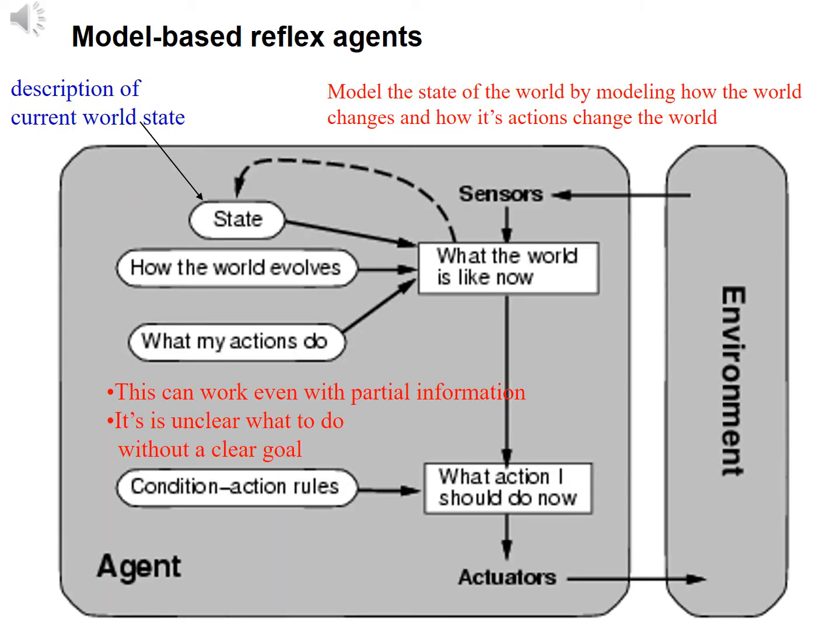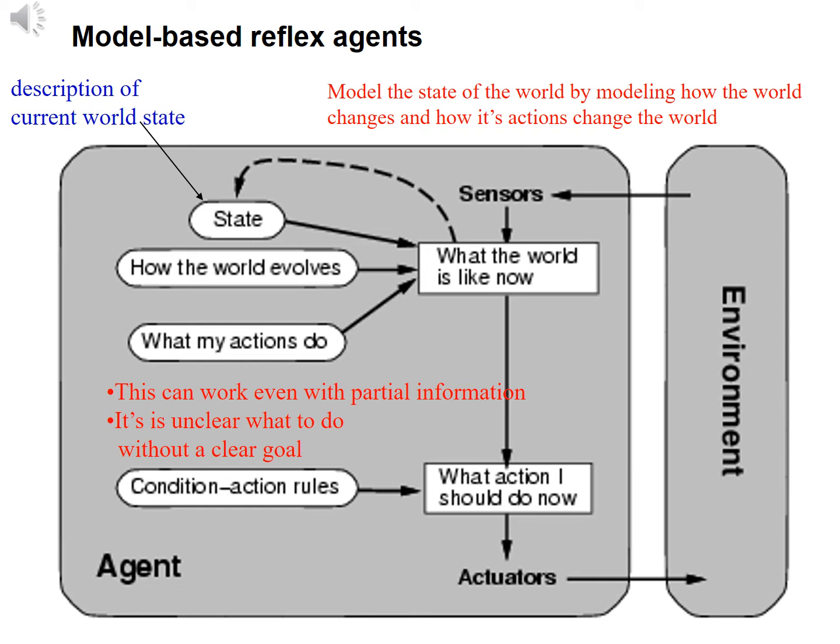Since simple reflex agents are too simple, since they have no memory and they fail if the environment is partially observable, we need some kind of a model of the state of the world within the agent, such that an agent can respond to partially observable environments.